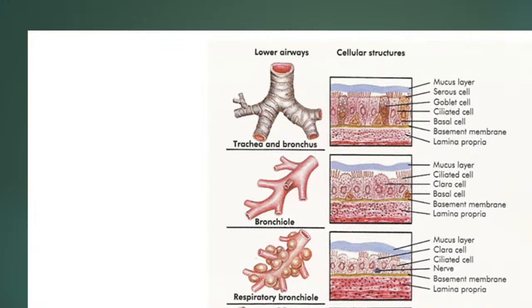After entering the lungs, the primary bronchi give rise to three bronchi in the right lung and two in the left lung, each of which supplies a pulmonary lobe.